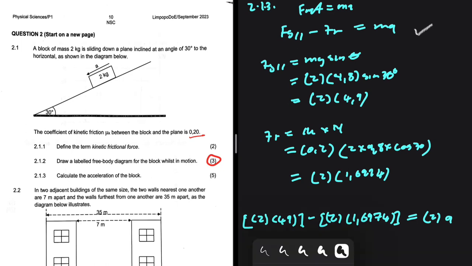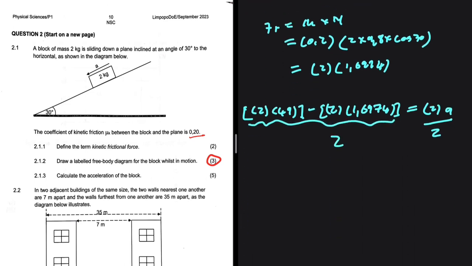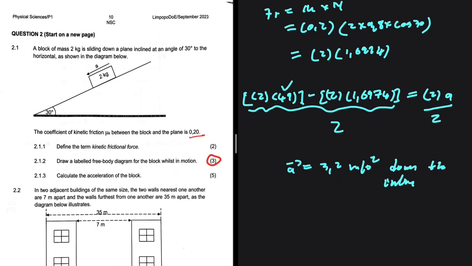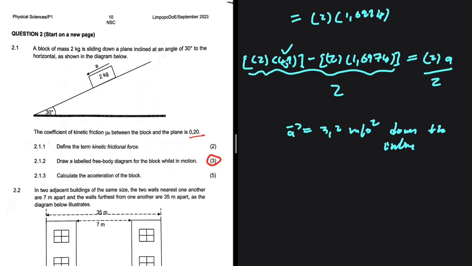It will be easy to see what we need to do here. We are dividing by 2 on both sides. So let's just go ahead and do that. And we get an acceleration that is equal to 3.2 meters per second squared down the incline. This right here is 4.9 and not 49. But anyway, that is 2.1.3.